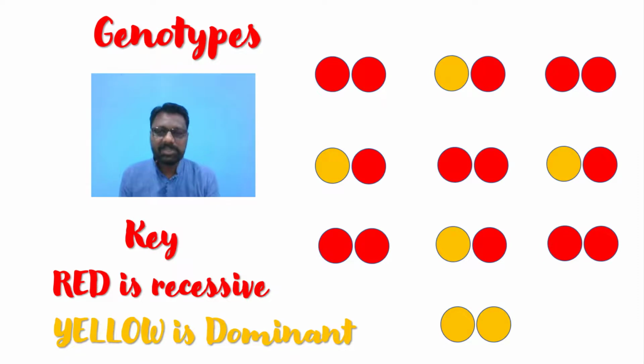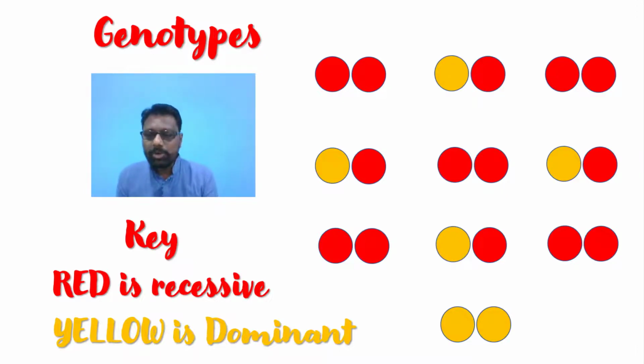Here you are able to see all the red hair individuals have similar alleles, that is little r, where the phenotype of red individuals is only possible if they have a recessive form of allele, that is little r.